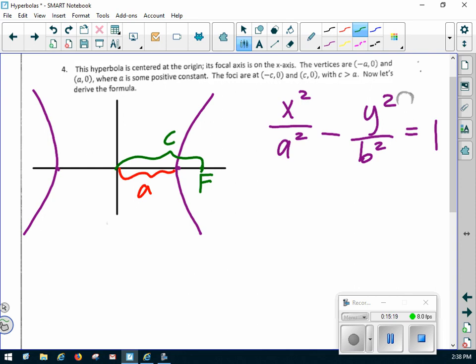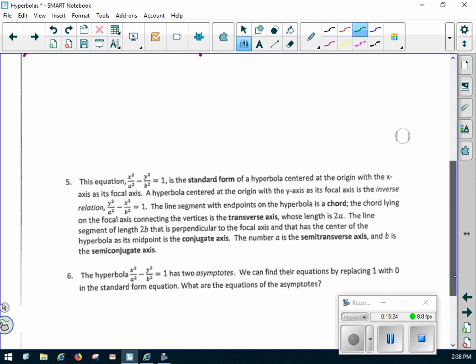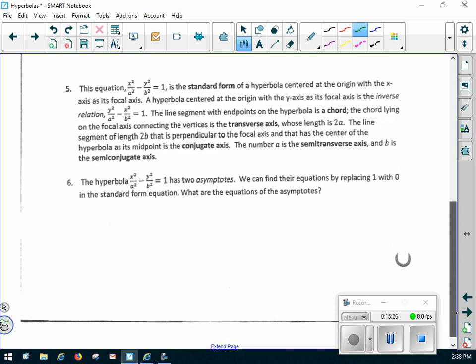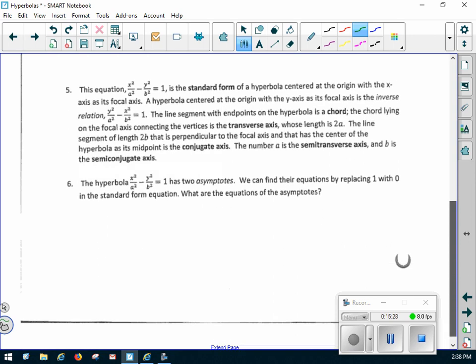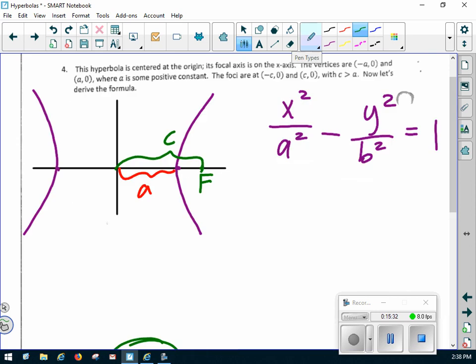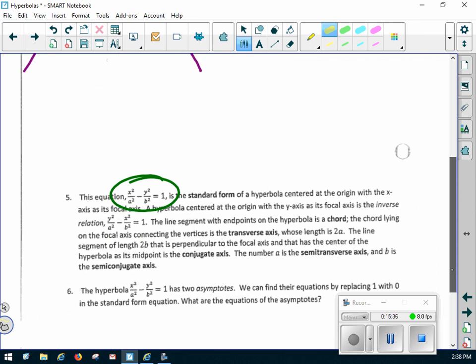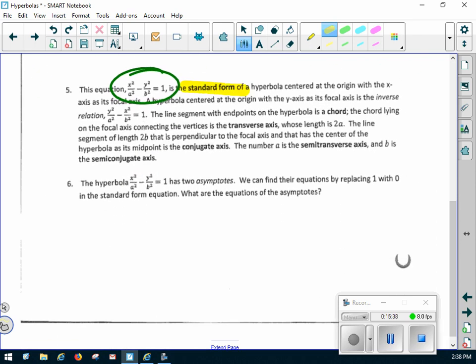I'll show you. All right. Now we're going down to your number 5. This equation, the one that I just wrote down, is what we call standard form of a hyperbola with the x-axis as its focal axis.